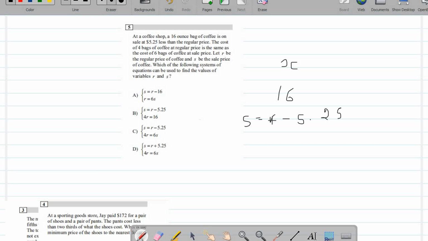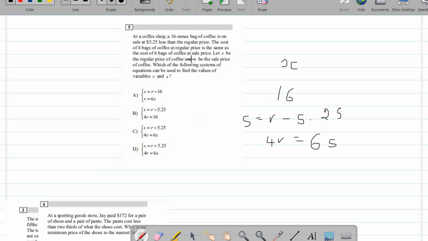So the cost of 4 bags of coffee, that's 4 times the regular price, is equal to 6 times the sale price.